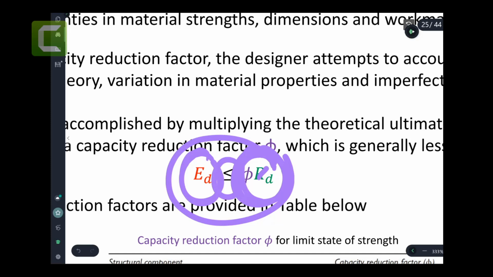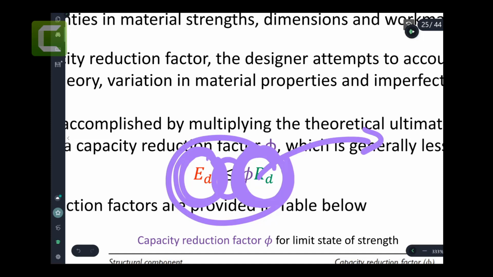From now until we finish wind load, we're playing with actions, whether from dead load, live load or wind load. We're finding this, Ed, the design actions.